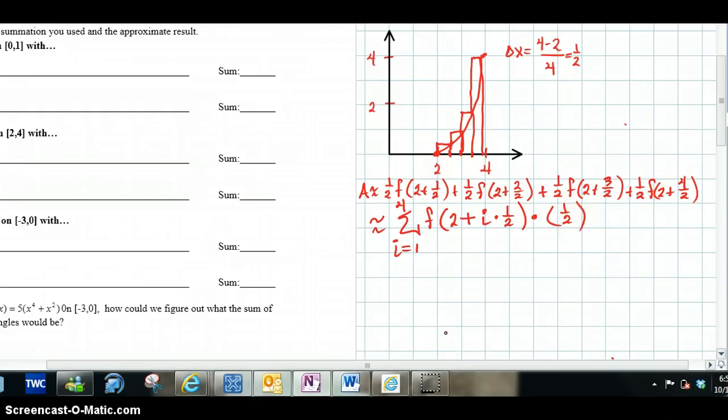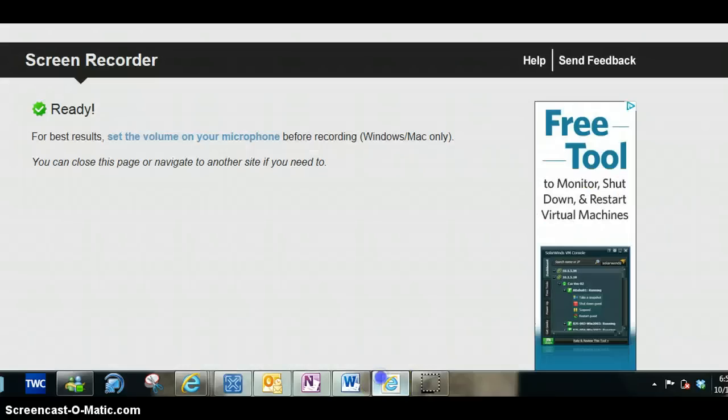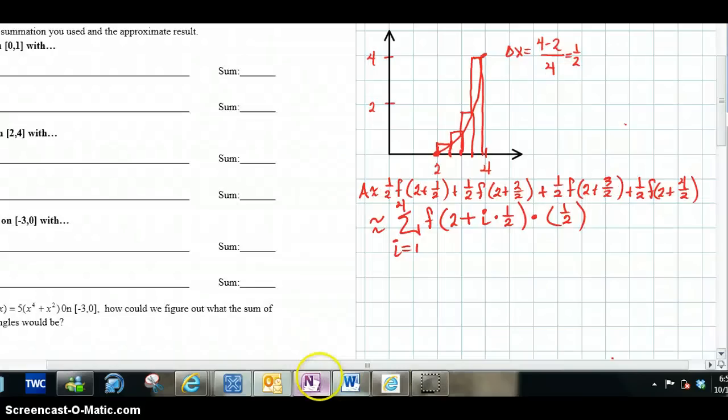By substituting this into our calculator, and using the summation form of our calculator, it would be the summation. We're going to enter this into our function, which is the quantity x minus 2 squared.